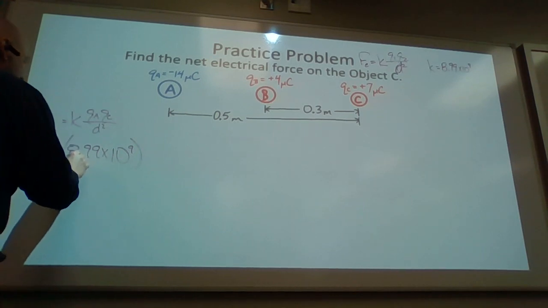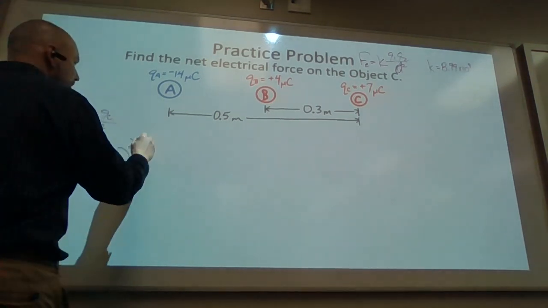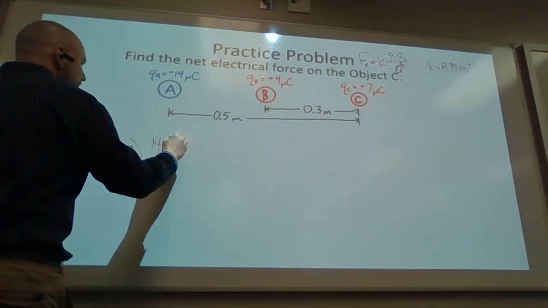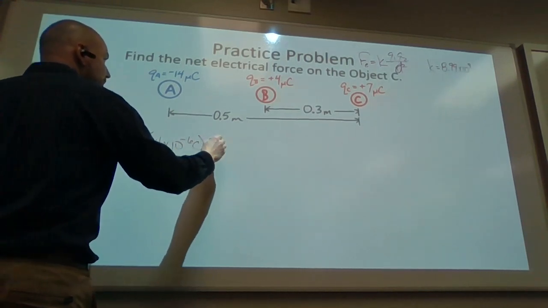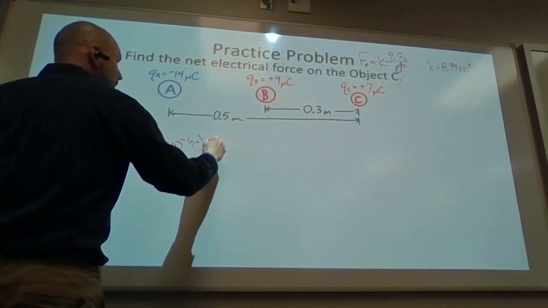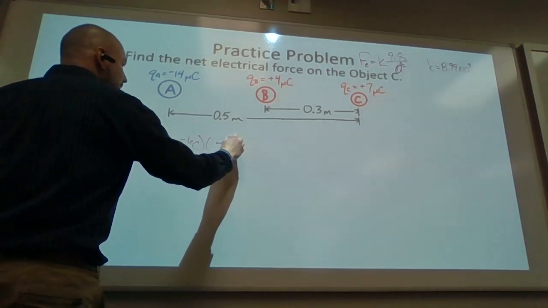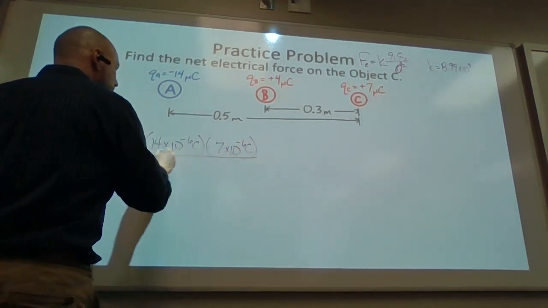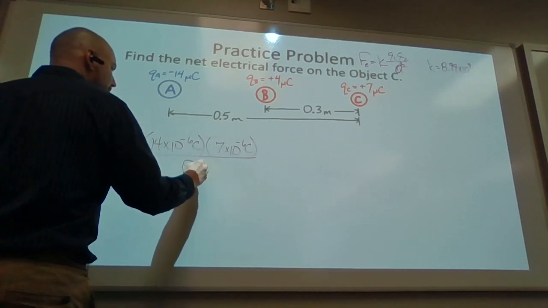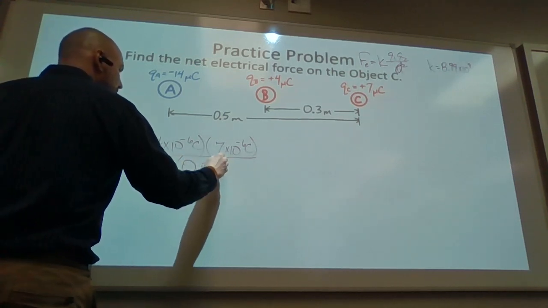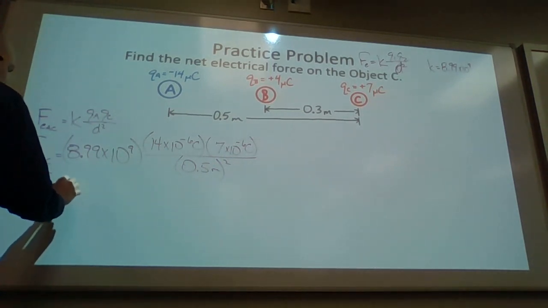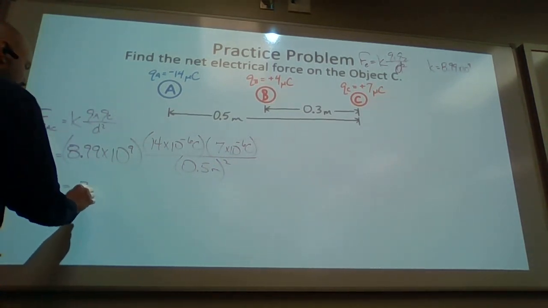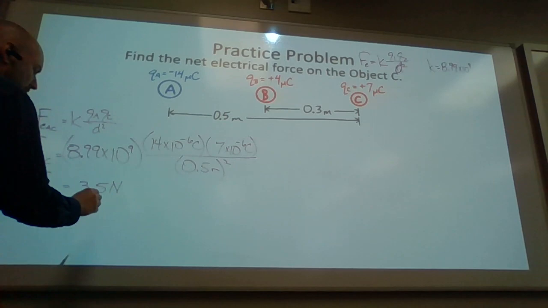We got 8.99 times 10 to the ninth times 14 times 10 to the negative 6 coulombs times 7 times 10 to the negative 6 coulombs over 0.5 meters. Make sure you square that. Find that to be 3.5 newtons.